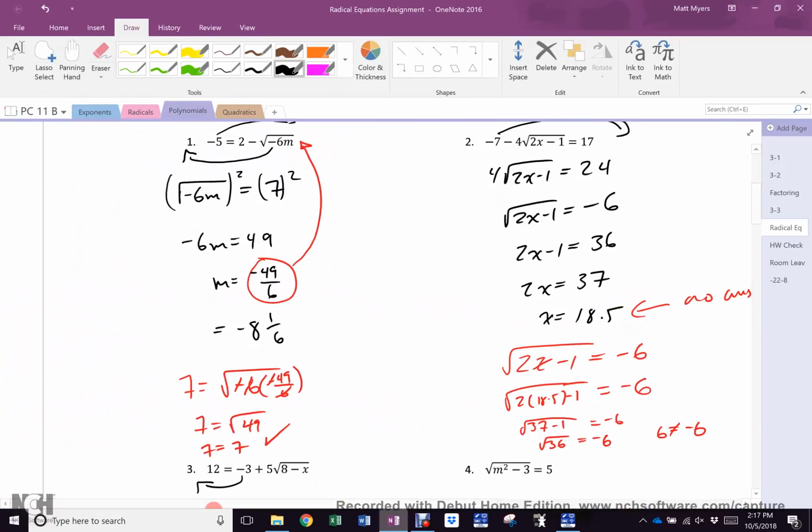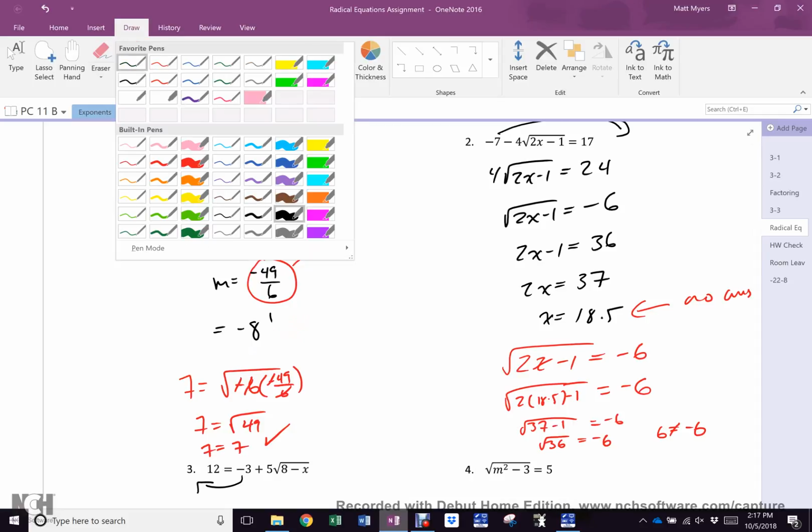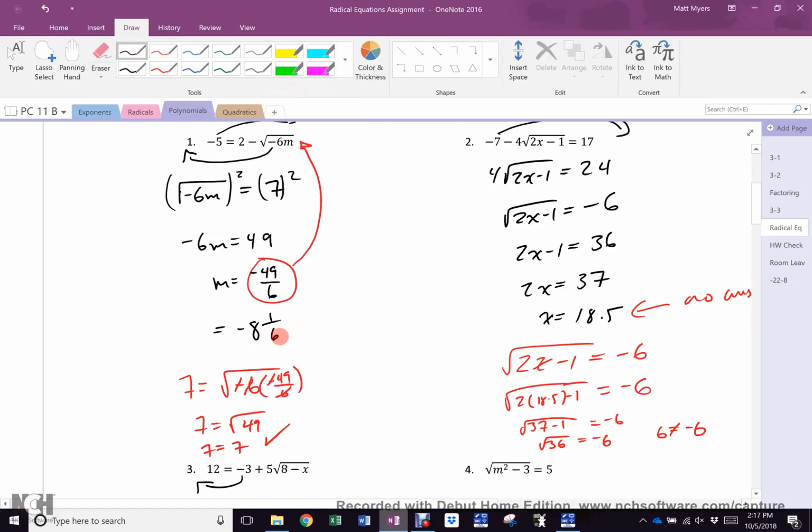All right, so what's the answer to number 1? Negative 49/6. And that is the right answer. I would accept -8 1/6, of course. And there is why it works.